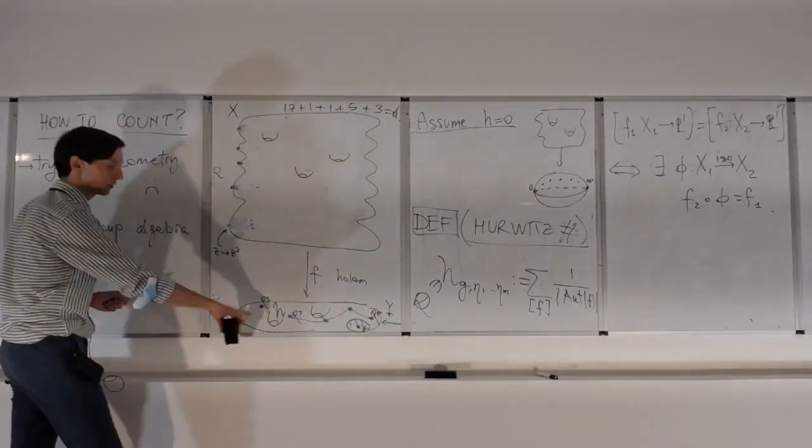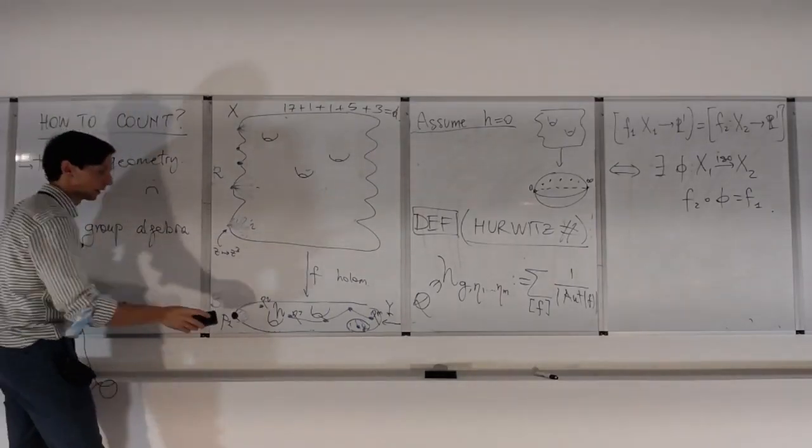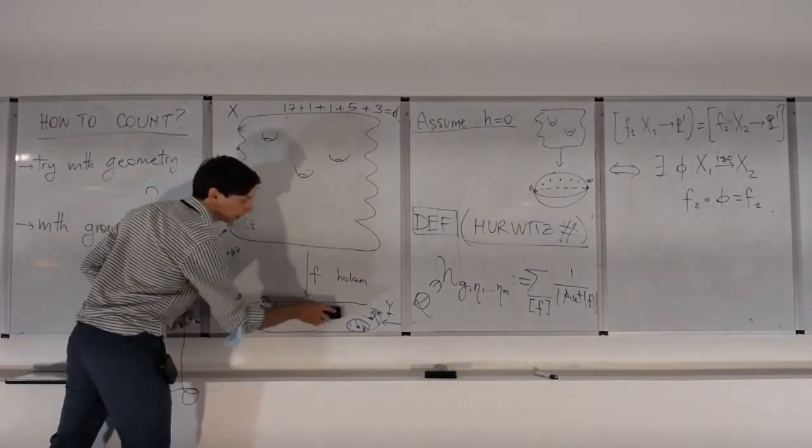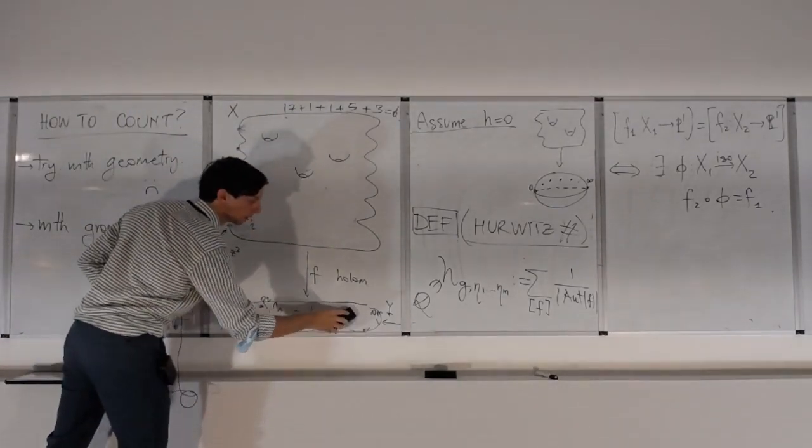Now the genus downstairs is 0, so you have a sphere. It's much simpler.